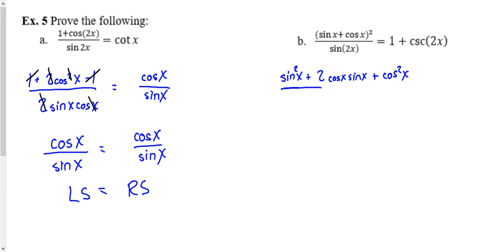All that's going to be divided by our double angle identity, which is 2 sine x cos x. Okay, and sorry, those are x's. And here on the right side, I have 1 plus, this is going to be 1 over sine 2x.